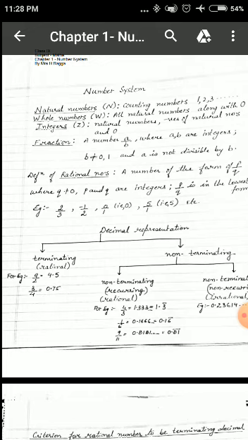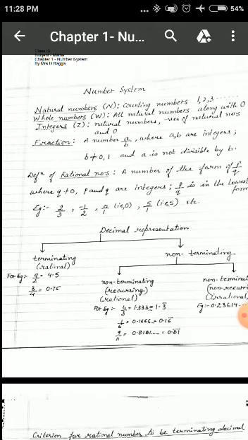Now we discuss the decimal representation of rational numbers. When we talk about decimal representation, the numbers can be classified as terminating decimals and non-terminating decimals. Terminating decimals are those in which, when a rational number is divided, the digits after the decimal terminate after a certain point.